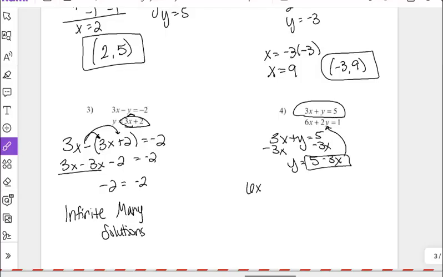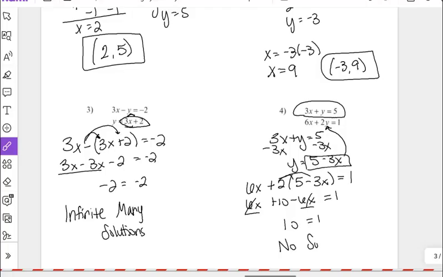So 6x plus 2 times (5 minus 3x) equals 1. I've got to distribute: 6x plus 10 minus 6x equals 1. 6x minus 6x is 0. 10 does not equal 1, so it's no solutions.